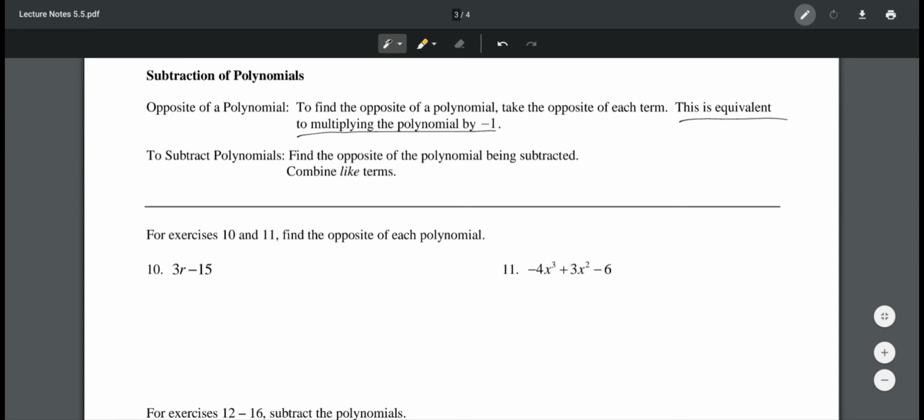So to subtract polynomials, you will find the opposite of the polynomial being subtracted and combine like terms. So if I had 16, the opposite of 16 would be negative 16. If I had the polynomial 3x minus 4, the opposite of that would be negative 3x plus 4. Notice how all the signs have been changed.